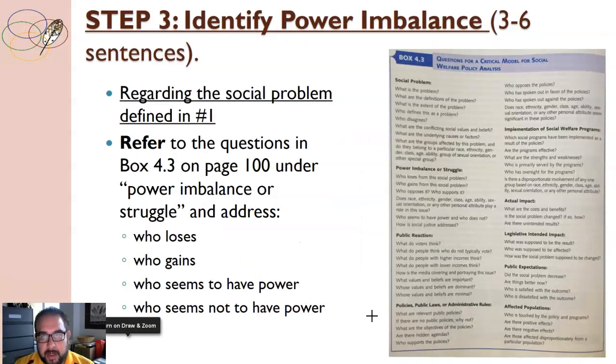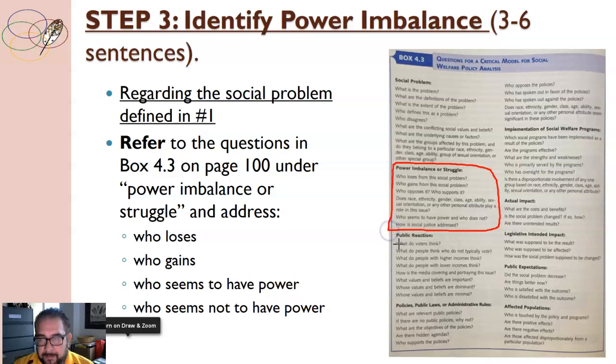For step 3, we're identifying power imbalance. And this is where the critical analysis comes in. And you're doing this in regard to the social problem defined in number 1. So as I had talked about earlier, children's access to health insurance. That would be the problem.